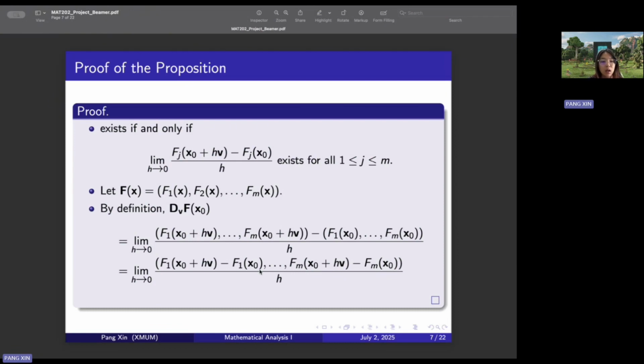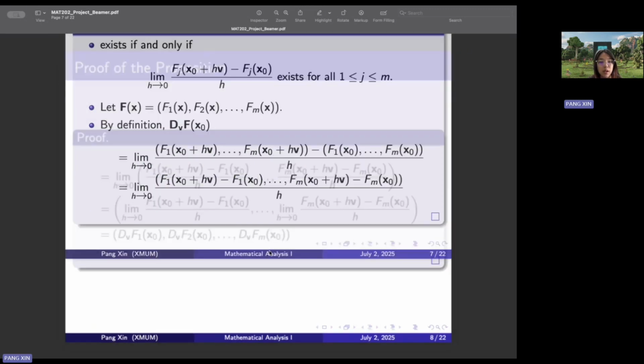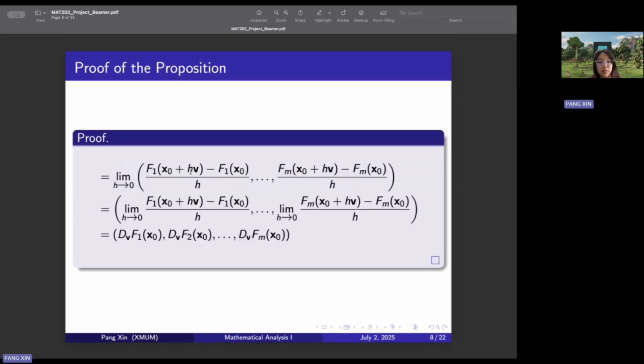And then by some simplification, we have the limit of (f1(x0 + hv) - f1(x0))/h, and similarly for fm. So we recombine the components into a vector which is (D_v f1, D_v f2, ..., D_v fm). These results help us handle vector value functions elegantly.